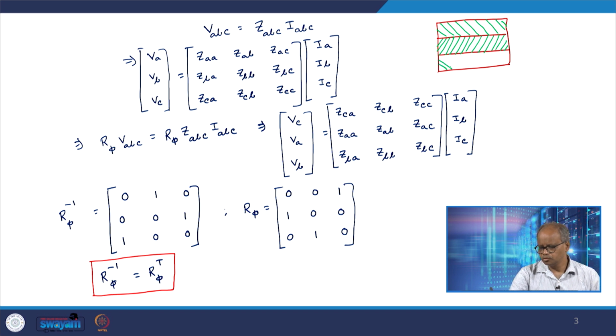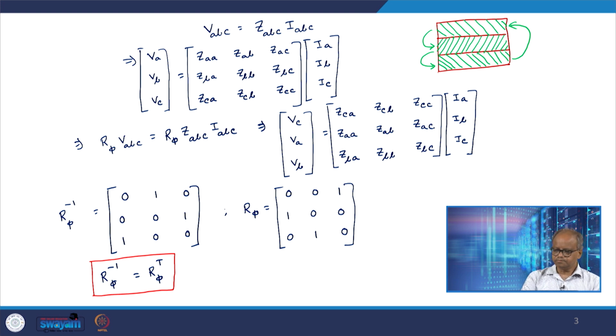The effect of pre-multiplication by R phi is that the third row will go to the first position, the first row will go to the second position, and the second row will go to the third position.